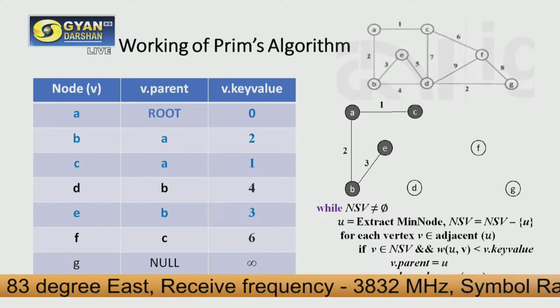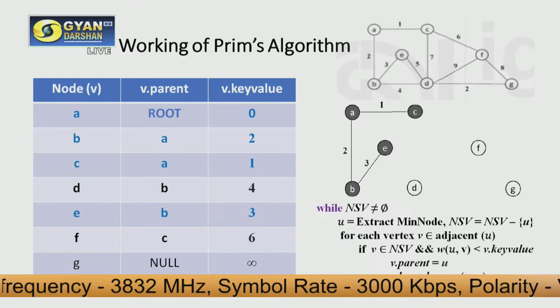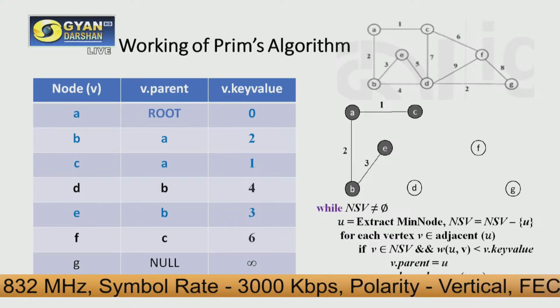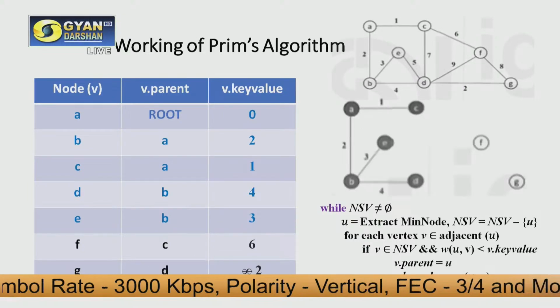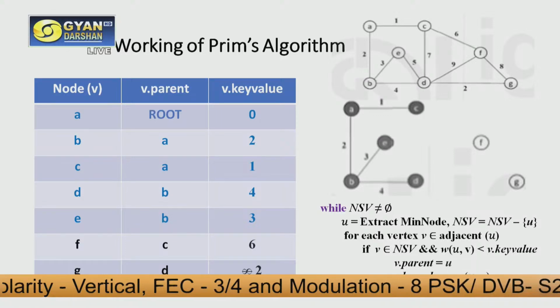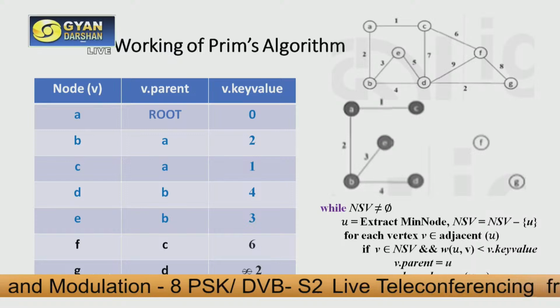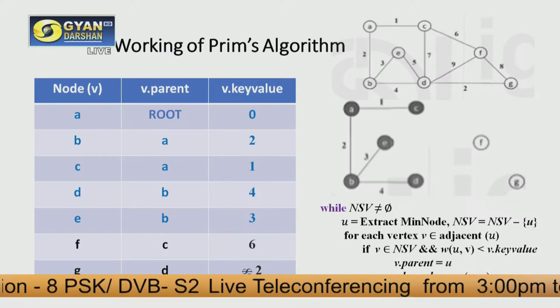Its weight is 4 to reach from B to D. So we will include that D into the MST. We can see that here D is included into the MST, and now we have only 2 fringe vertices, F and G only.